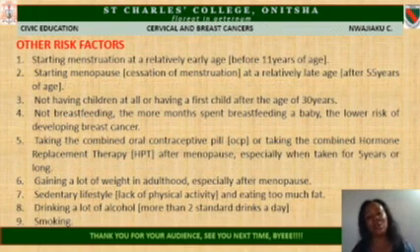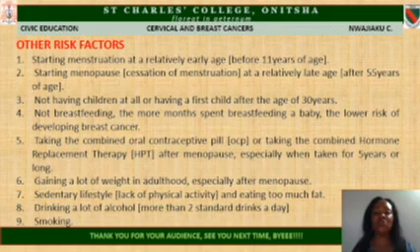Other risk factors of breast cancer include the following: starting menstruation at a relatively early age, before 11 years of age. Some people do see their period at the age of 8, 9, or 10. The person may have a chance of getting breast cancer in future.